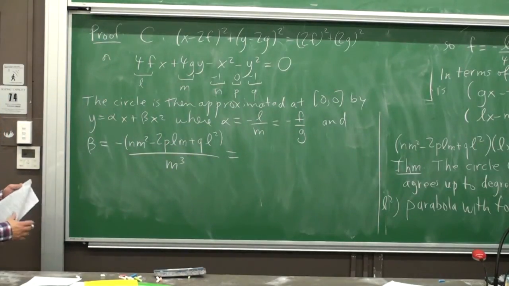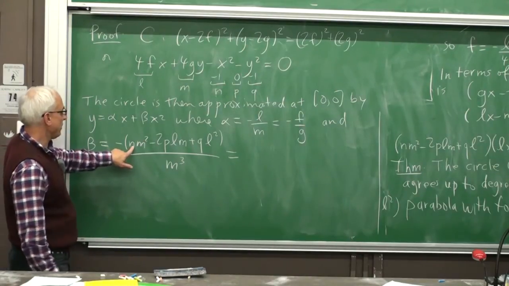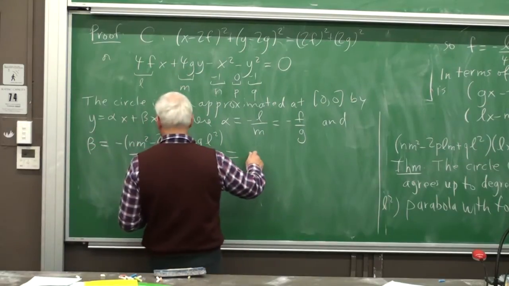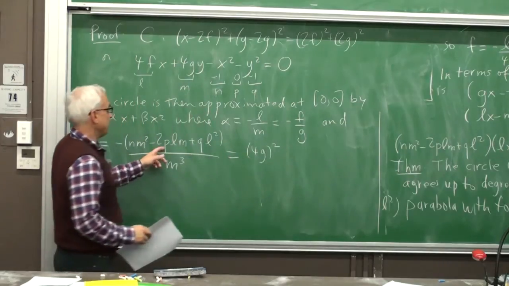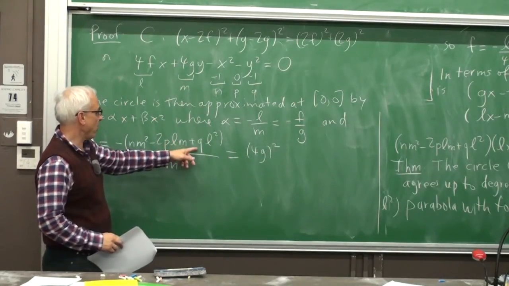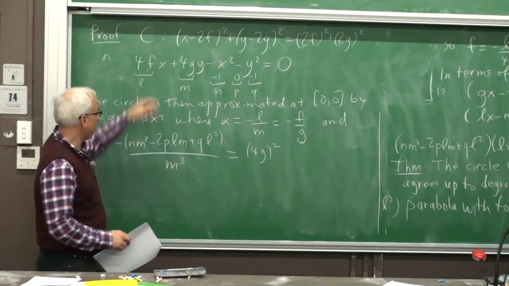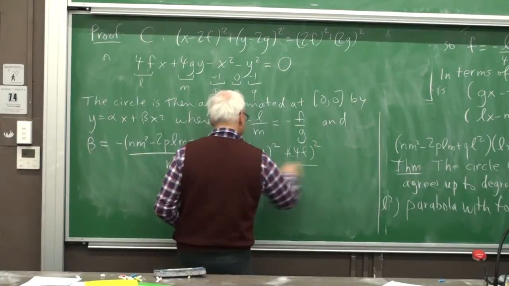Okay, what's that going to be? Well, so n is minus 1. The m is 4g. So we're going to have a 4g squared. The p is 0. The q is minus 1. So there's another minus times minus makes plus. And the l is the 4f. So we're going to have plus 4f all squared.